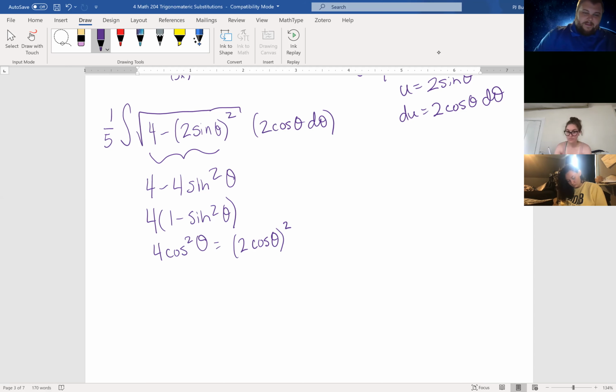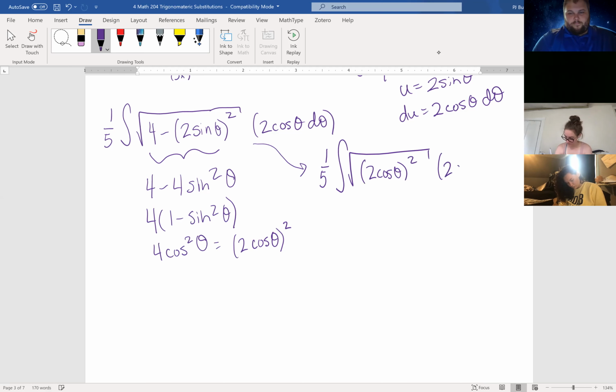So let's plug that back into the integral. Again, this square root and square will cancel.